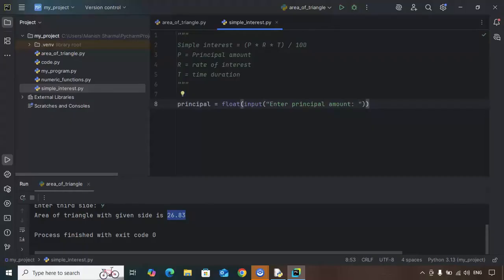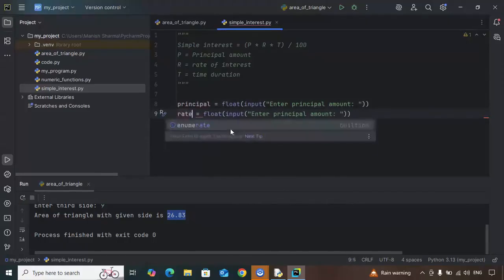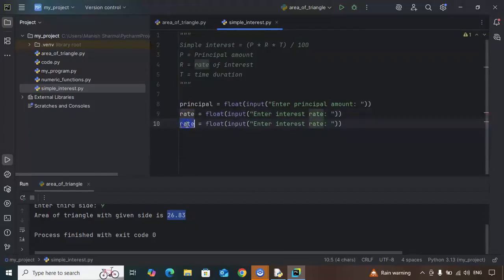Then again, if I do Control D, it will get copy pasted. So I'll say rate, enter interest rate, Control D, time, enter time.